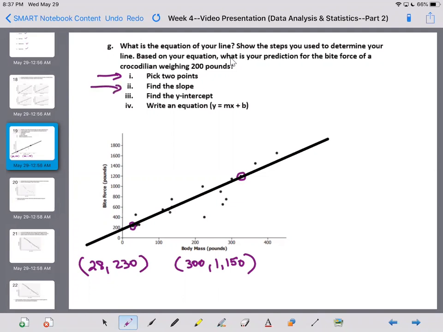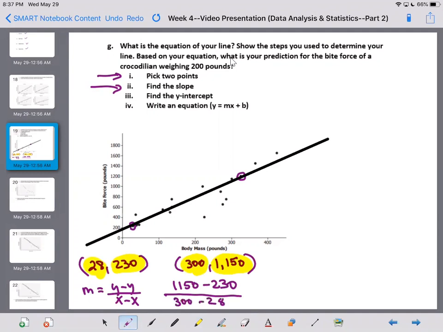To do that, remember, slope is your change in y divided by your change in x. So we want to go ahead and do that calculation. I'm going to look at this y value and this y value and subtract those, and then I'm going to come back and grab that 300 minus the 28.